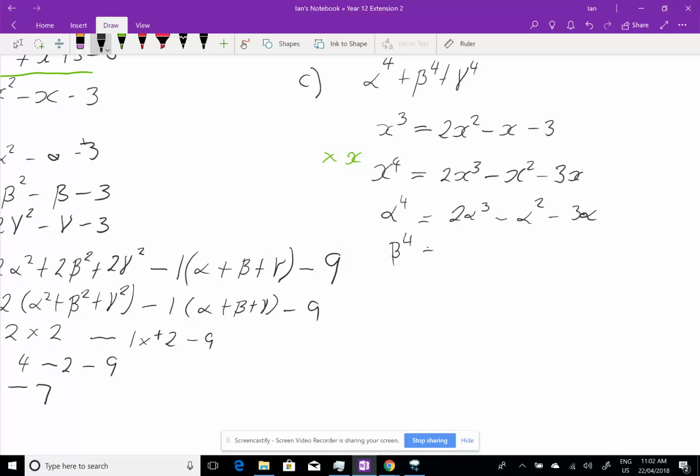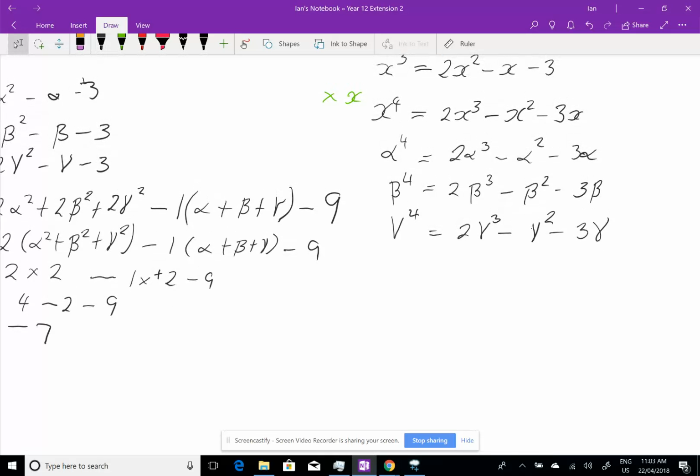Beta to the 4 equals 2 beta cubed minus beta squared minus 3 beta. And of course, gamma to the 4, that's a bad gamma, 2 gamma to the 3 minus gamma squared minus 3 gamma.